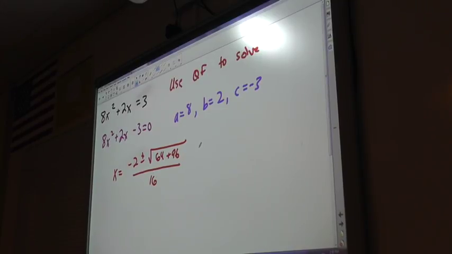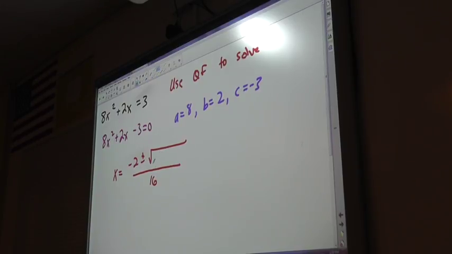The top should be 100. It's 2 squared, b squared, not a squared. I was just testing you guys out.